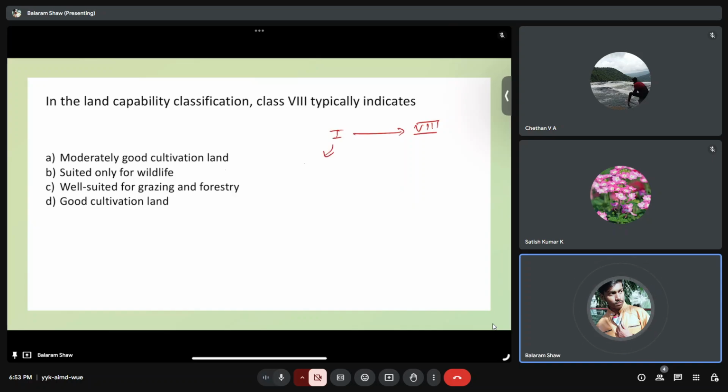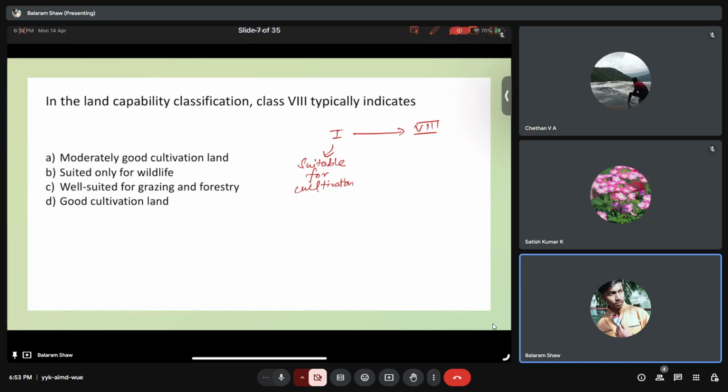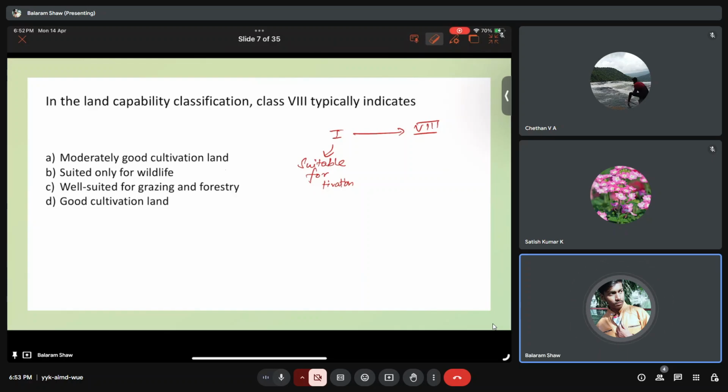This is suitable for cultivation, and as you move towards class 8, what happens? It is unsuitable for cultivation. But we have seen that there are some other uses, like slopes increase this side.